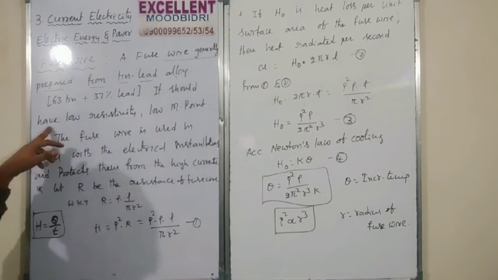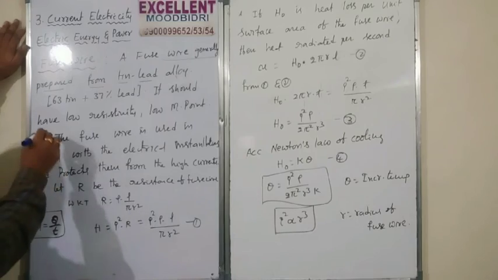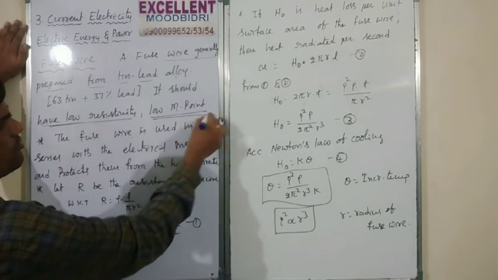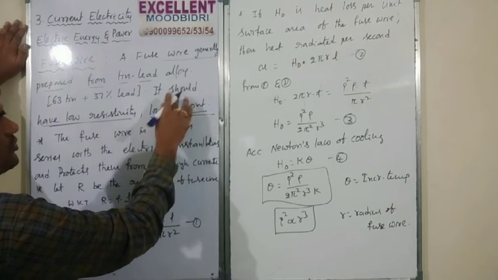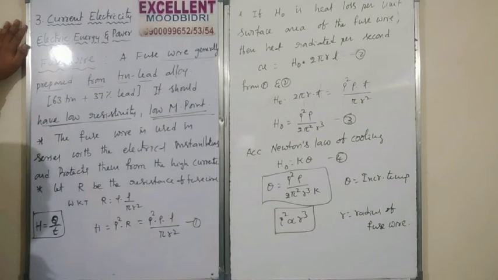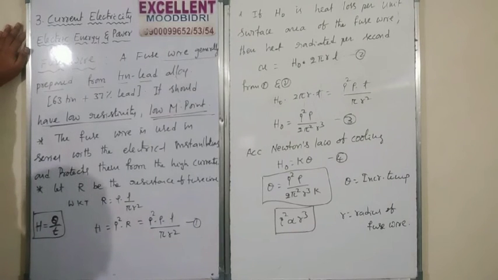It should have low resistivity. This point is very important. It should have low resistivity and low melting point. Fuse wire has low resistivity and a low melting point. Right? Okay, next.